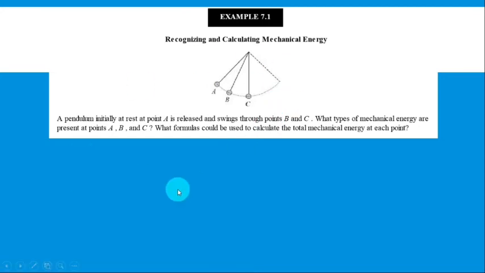Let's start with A. What do we have? We have at point A gravitational potential energy only. Why? Because they said here a pendulum initially at rest. This is number one because it's written at rest. It means no speed, which means no kinetic energy.